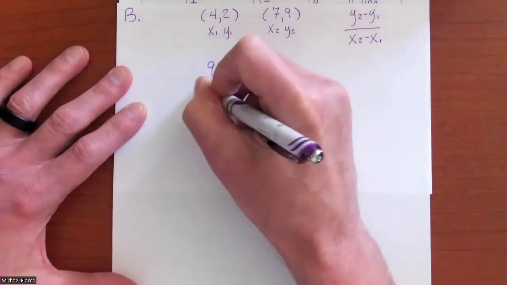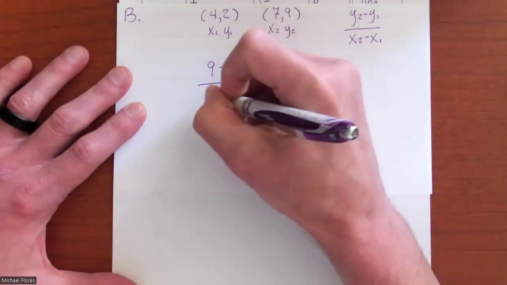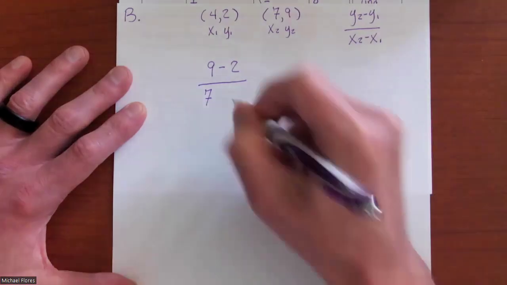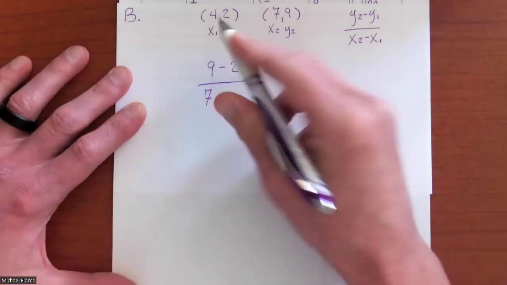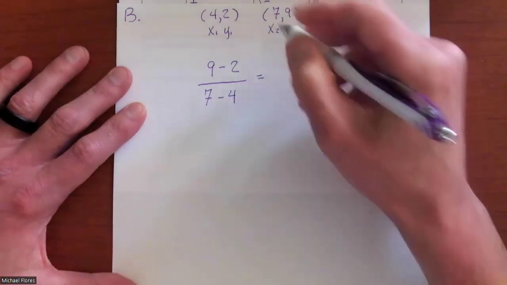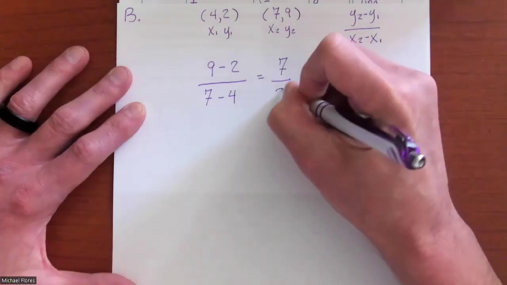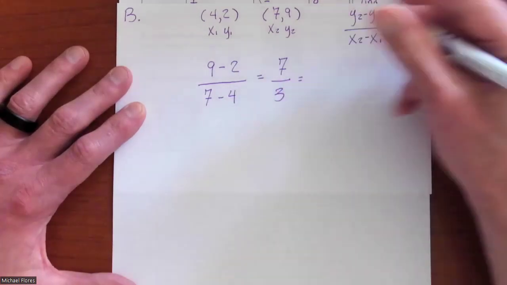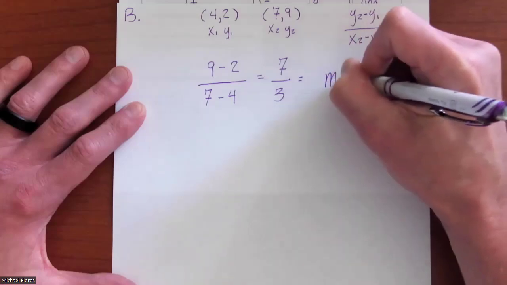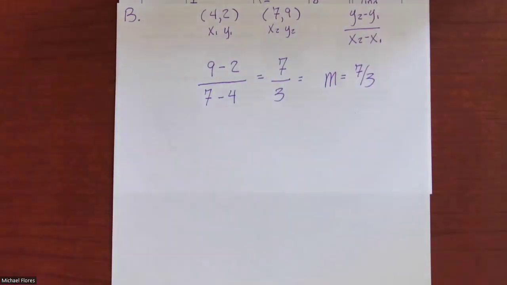I should have used parentheses there, but I didn't. x2, we want to use 7, minus our x1, which is 4. Let's simplify the numerator first. 9 minus 2 is 7, over 7 minus 4 is 3. Therefore, our slope for B is positive 7/3.